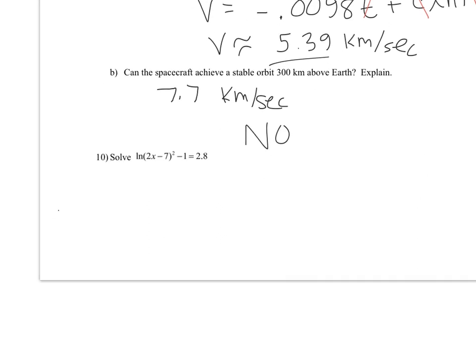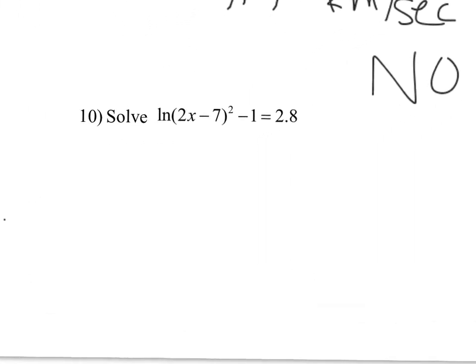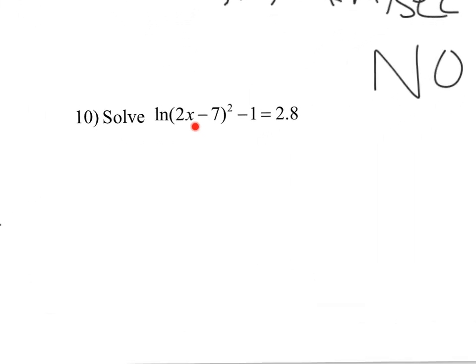And the last example, solve with a natural log. Just like you want to get the logarithm by itself, you need to get the natural log by itself. So you're going to add 1 to each side. So get natural log of (2x minus 7) squared equals 3.8. And then exponentiate each side, or use e as the base. These cancel out.